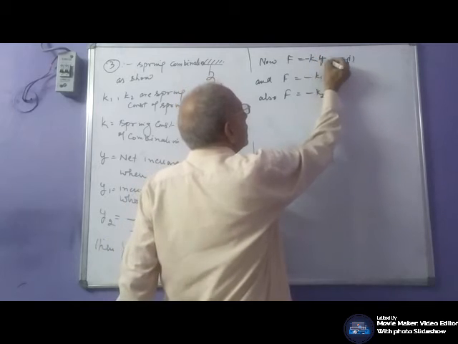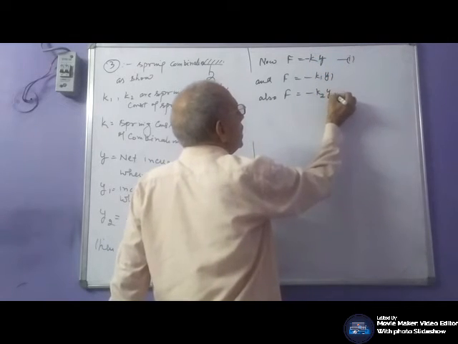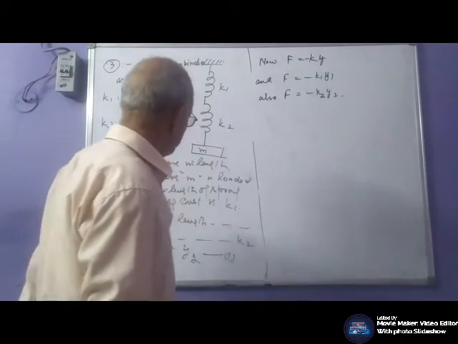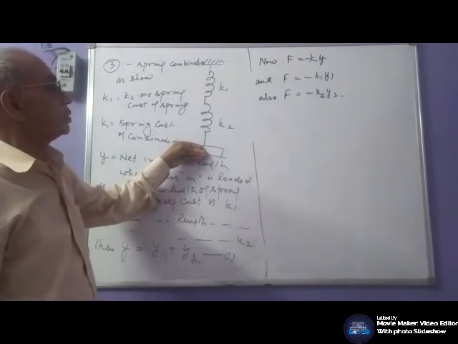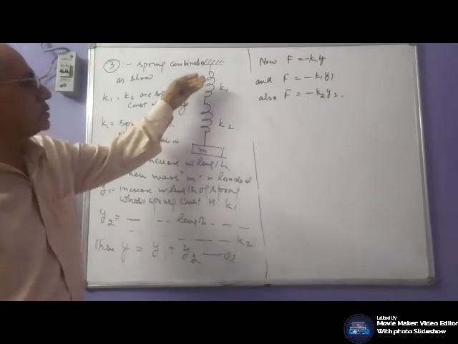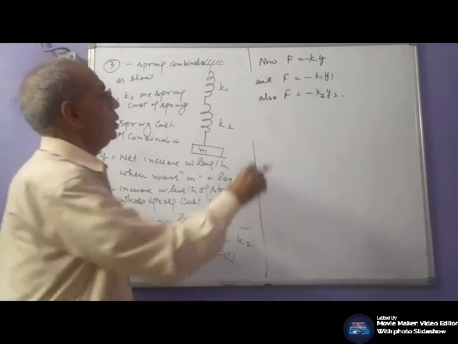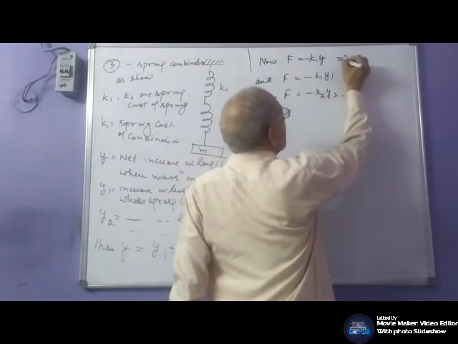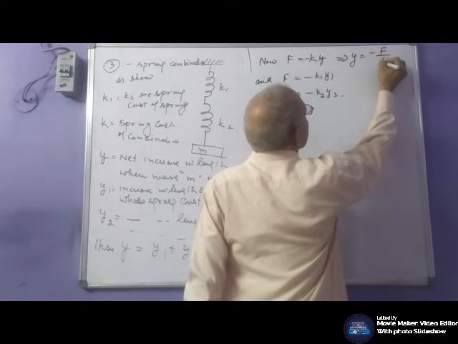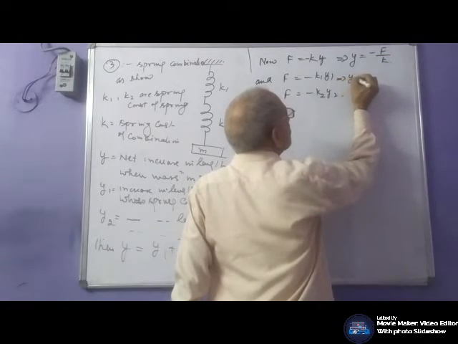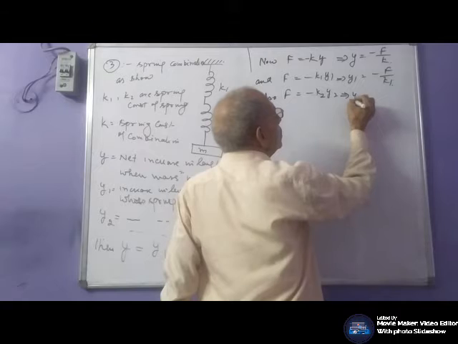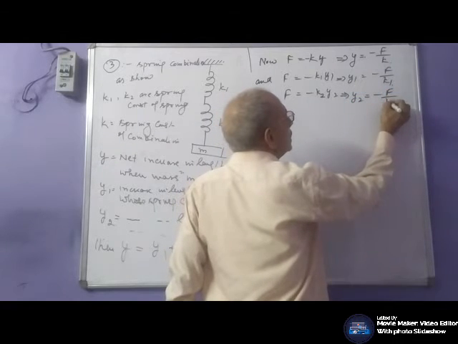It is y, it is y1, it is y2. Same force is on the combination, same force on this, same force on this. So y comes out to be minus F by k, y1 comes out to be minus F by k1, y2 comes out to be minus F by k2.